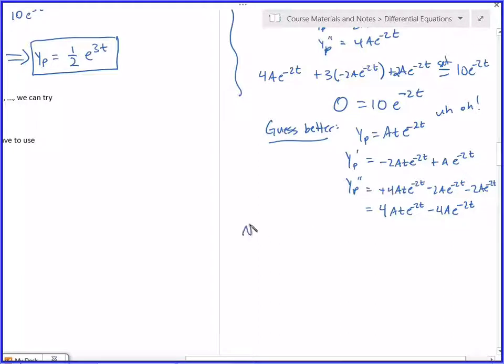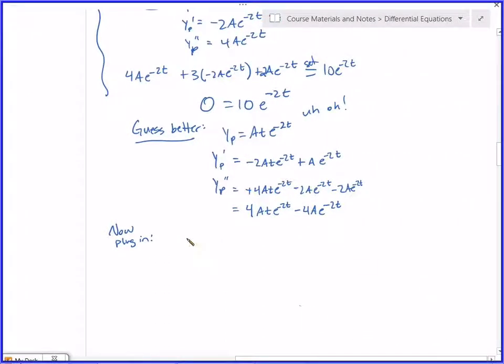Now plug in. So now you have yp double prime, so 4a t e to the minus 2t minus 4a e to the minus 2t, plus 3 times minus 2a t e to the minus 2t plus a e to the minus 2t, plus 2 times a t e to the minus 2t.